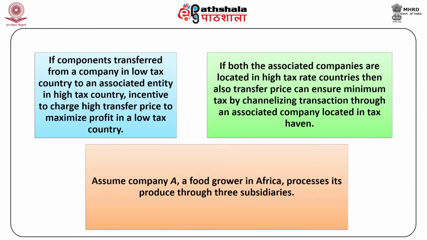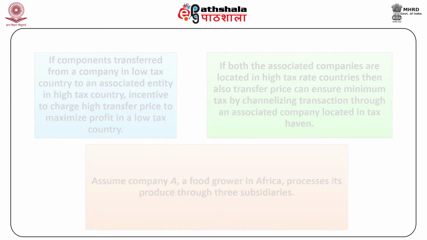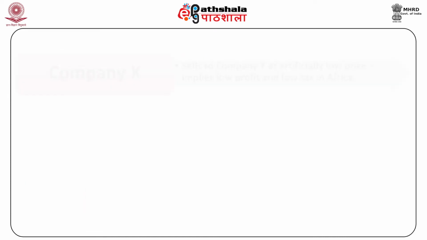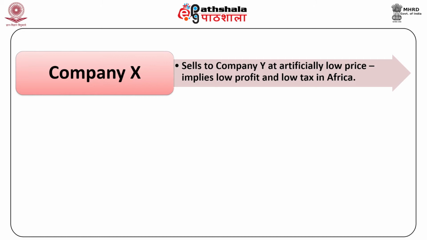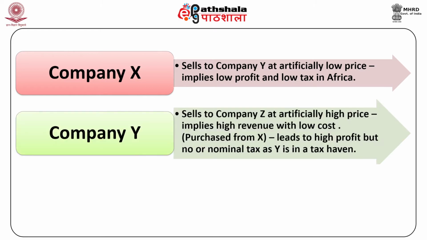Assume company A, a food grower in Africa, processes its produce through 3 subsidiaries as shown in figure. Company X sells to company Y at artificially low price, implies low profit and low tax in Africa.